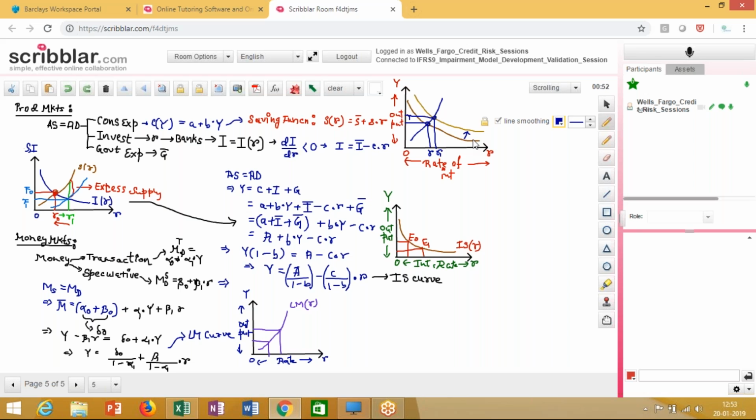So over here, you see that the increase in the rate of interest is not being brought from outside. The rate of interest is increasing as a result of an exogenous increase in the aggregate demand.